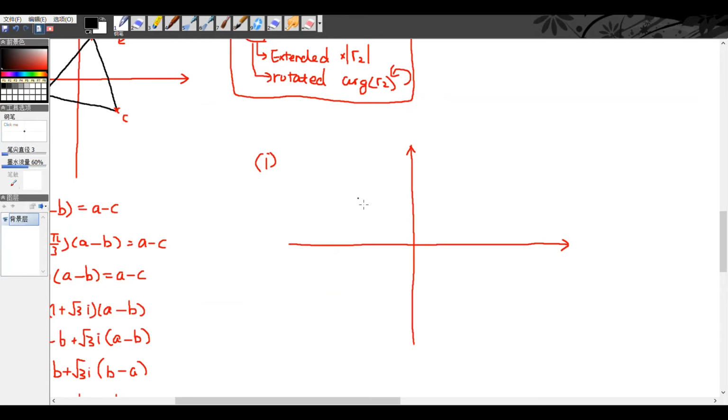So D, E, F, and I should put my G here to make this quadrilateral random and link those four points. I'm trying to make my graph nicer. Okay, so D, E, F, G.